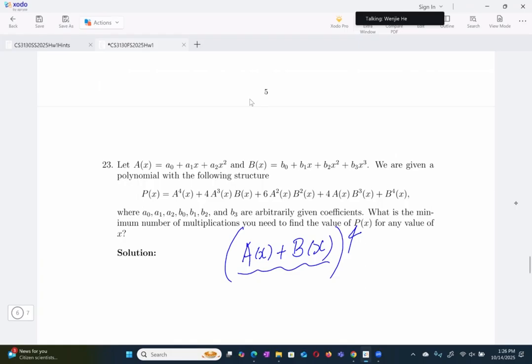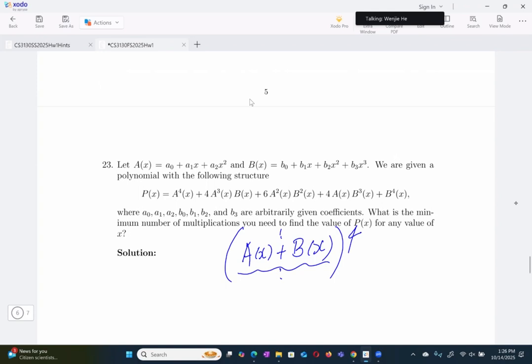Why? Because some students calculate a and b separately. If you do these two terms separately, you will use more multiplications. You need to combine them.